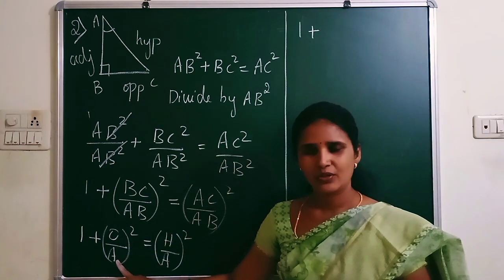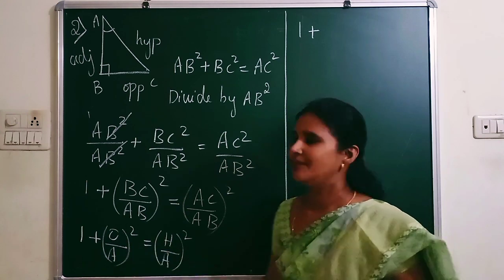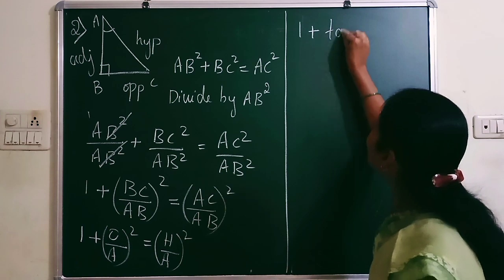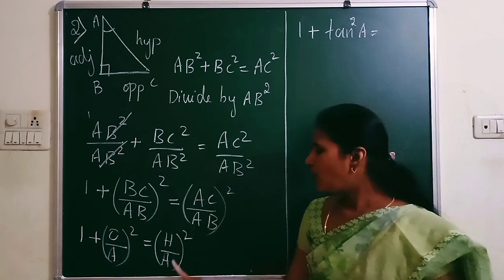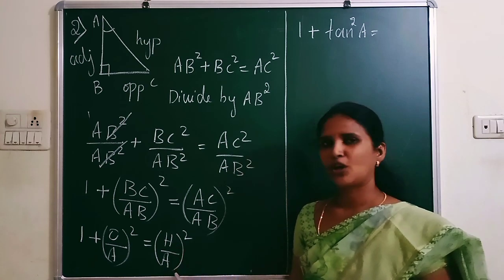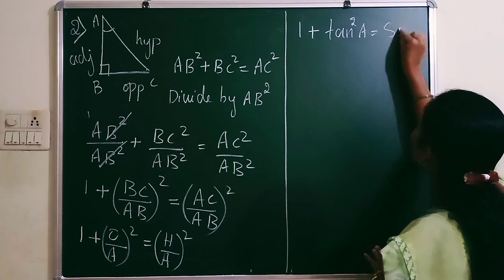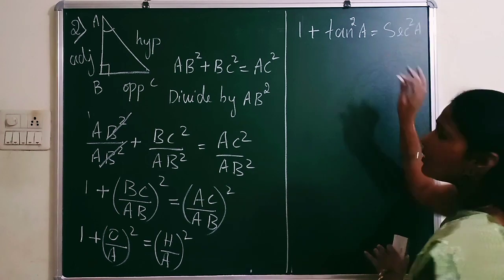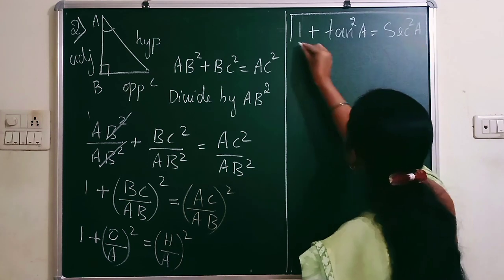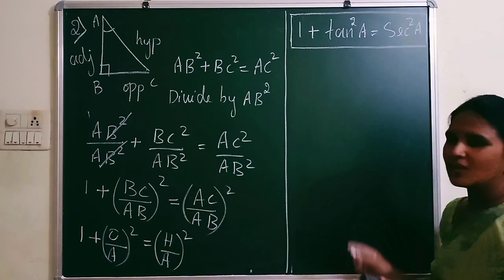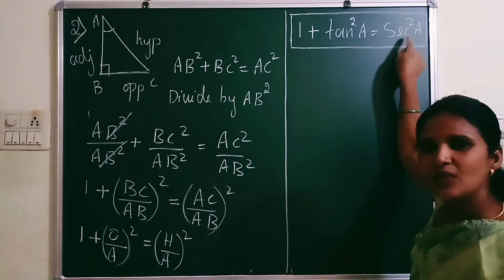Recall, opposite by adjacent is exactly tan. So 1 plus tan square A equals hypotenuse by adjacent, that is reciprocal of cos, that is sec square. So it becomes secant square A. So this is the proof of the second trigonometric identity. So we got 1 plus tan square A equal to secant square A.